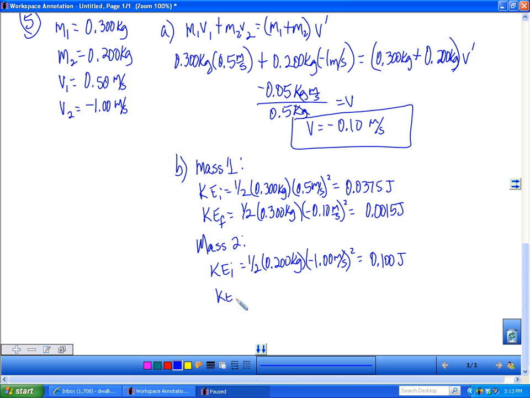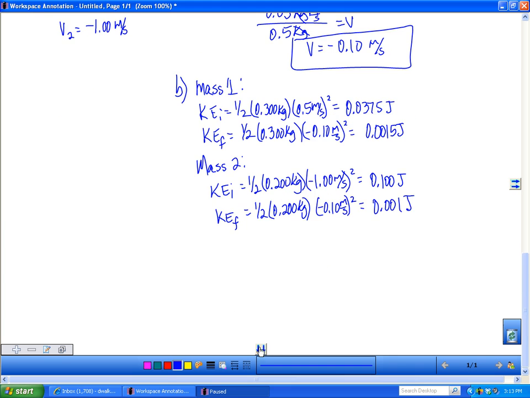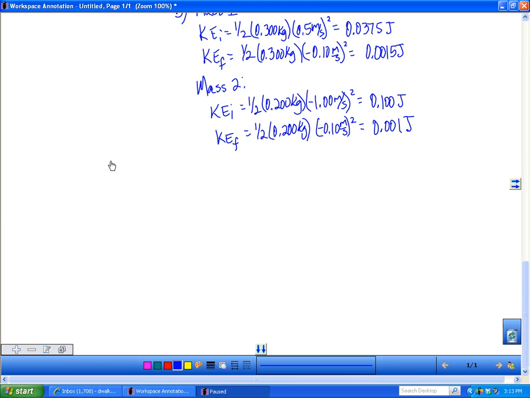And then KE final for mass 2 is 1/2 m, 0.200 kilograms. Now we use negative 0.10 meters per second squared. And if I did that correctly, I got 0.001 joules. So that one wasn't bad. Just had to pay attention to the sign.